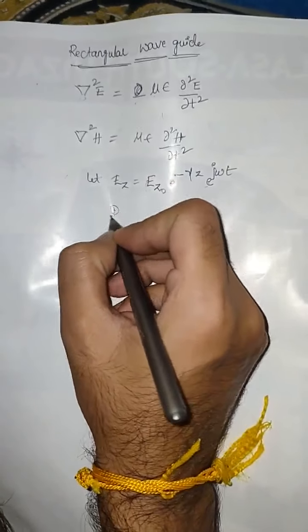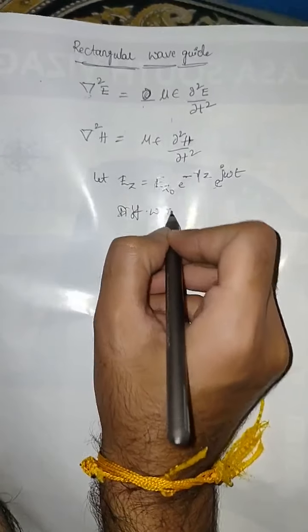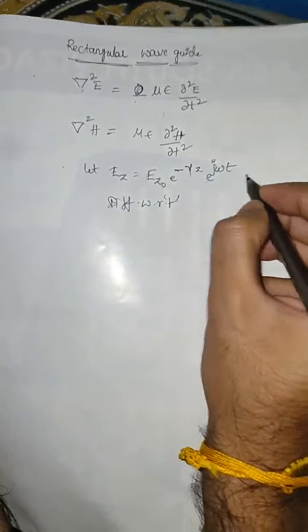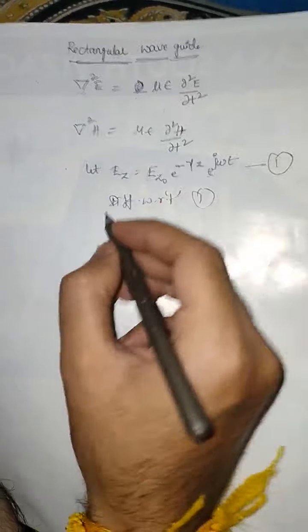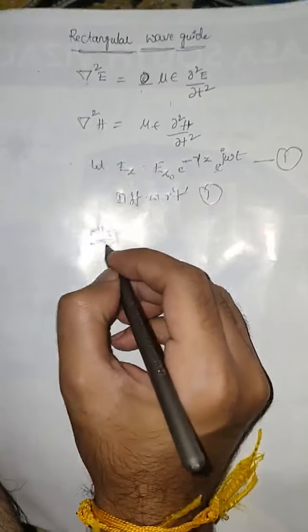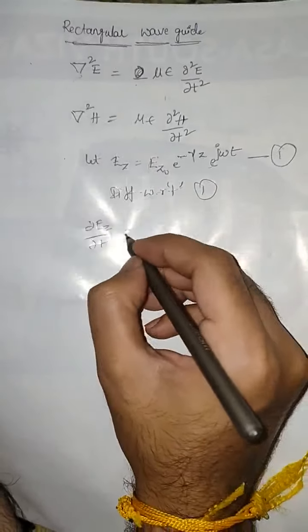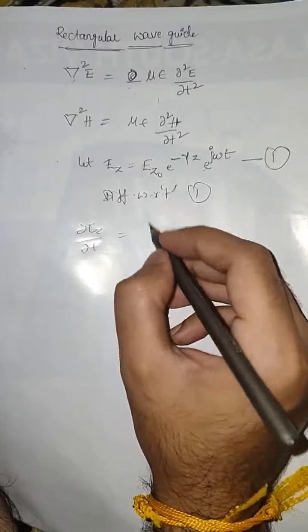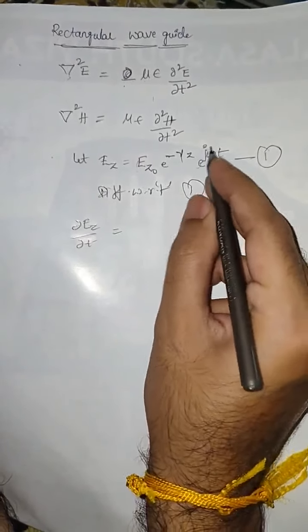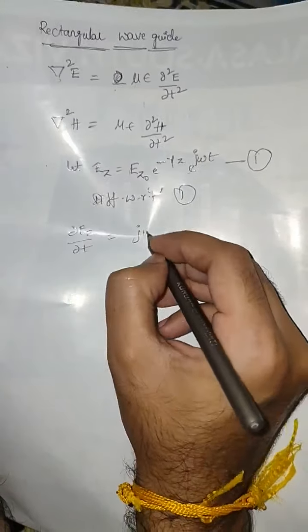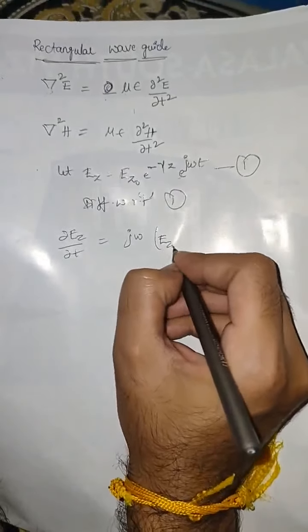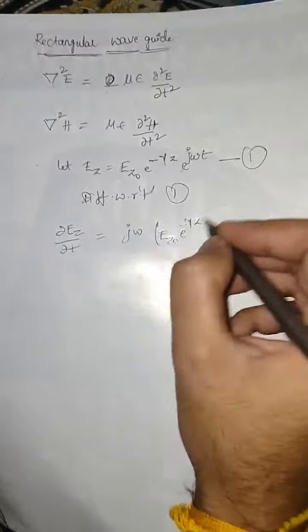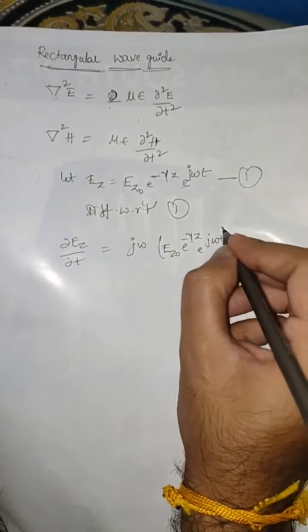Now if I differentiate this first equation with respect to t, dou Ez by dou t is equal to j omega times Ez naught e to the power of minus gamma z e to the power of j omega t.